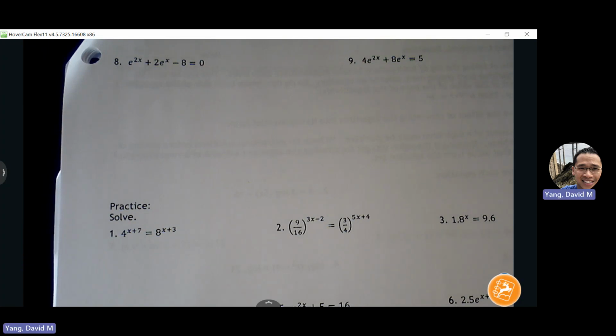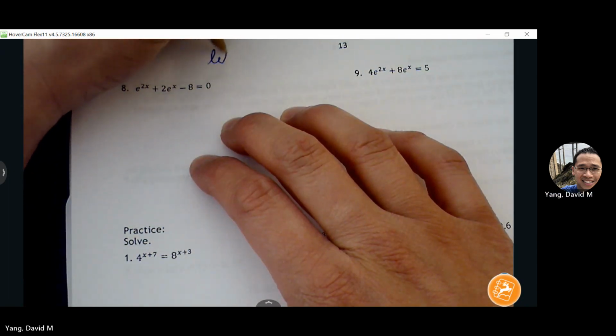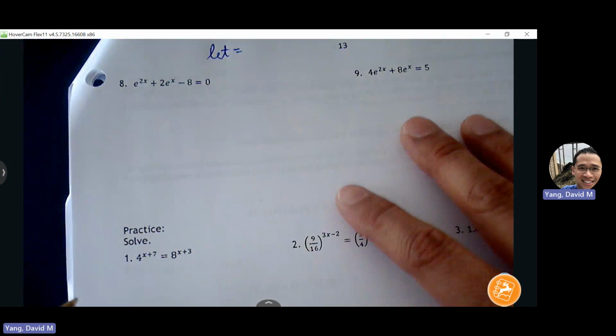Kind of reminds you of a factoring problem. But here's what we want to do to begin this process.